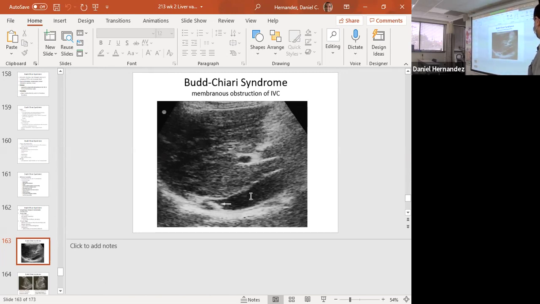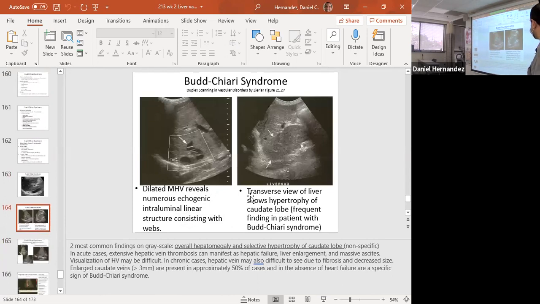This would be a congenital defect. So we have a dilated main hepatic, middle hepatic vein, which reveals numerous echogenic intraluminal linear structures consistent with webs.